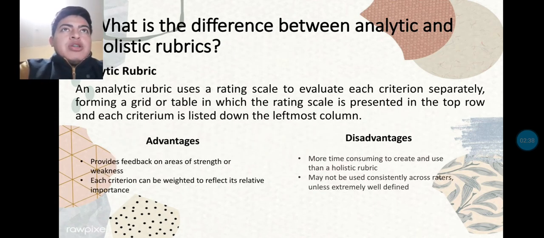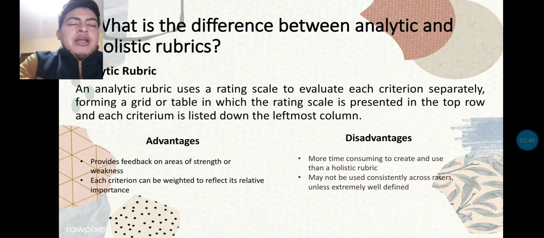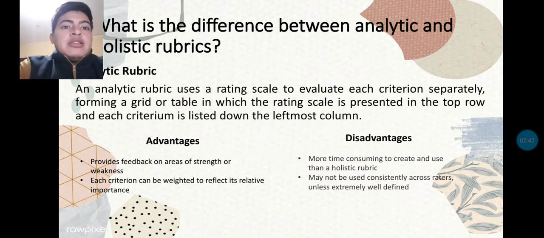The second question is, what is the difference between analytic and holistic rubrics? An analytic rubric uses a rating scale to evaluate each criterion separately, forming a grid or table in which the rating scale is presented in the top row and each criterion is listed down the leftmost column.